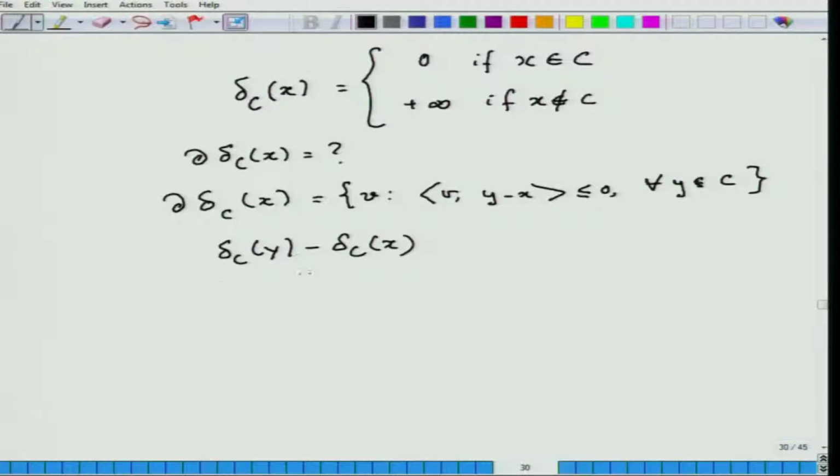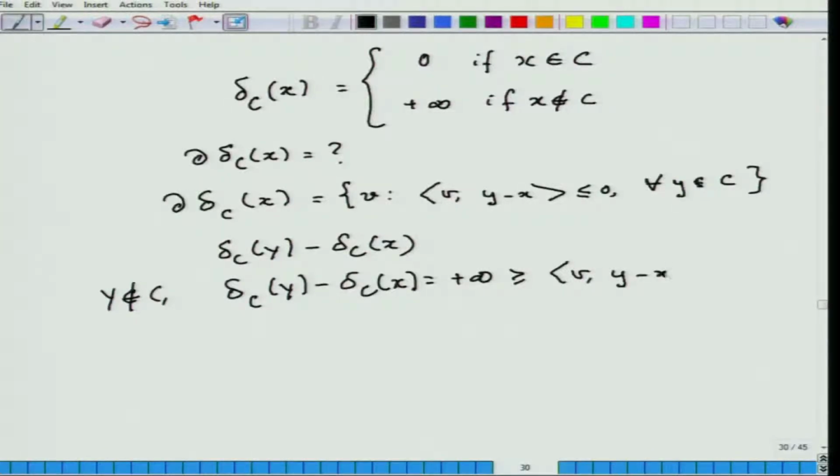So, suppose y is not in C, then the indicator at y minus the indicator at x is nothing but plus infinity, which is greater than v times (y minus x) for all v in Rn. So, whatever v you take, this is anyway true, because this is a number and this is obviously less than plus infinity.